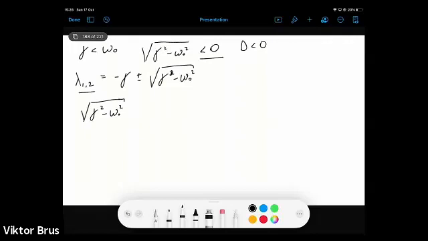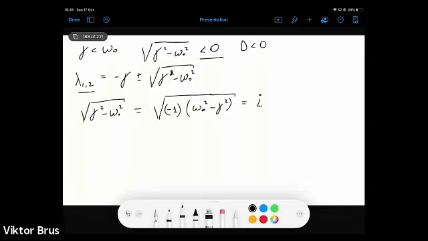So it's square root of some negative quantity. So we can write that this is equal to square root of minus unity times omega naught square minus gamma square. And this square root of minus unity is i, the imaginary unit.